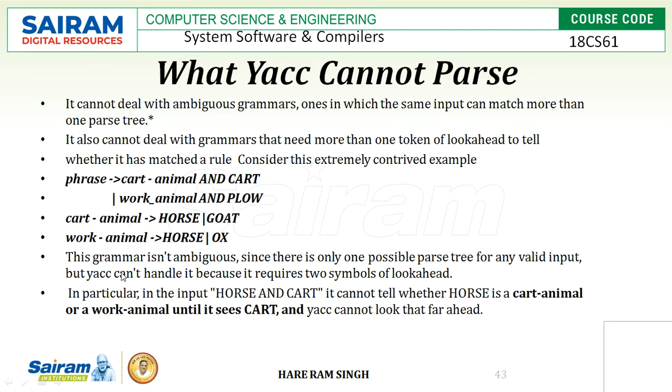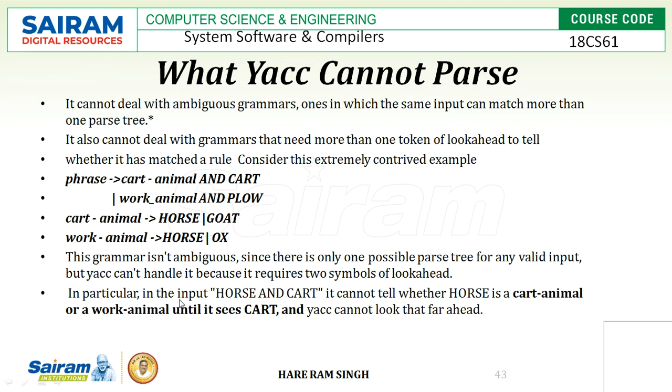It is not ambiguous, because for any input string it generates only one parse tree, but it is not look ahead one. To identify it, it has to look two steps forward.